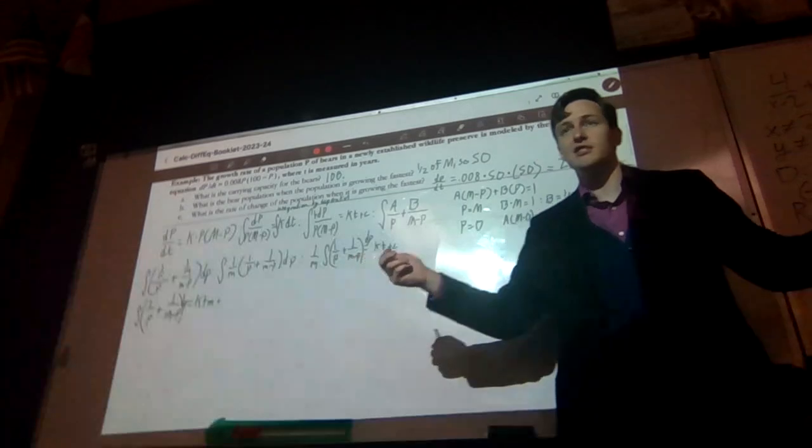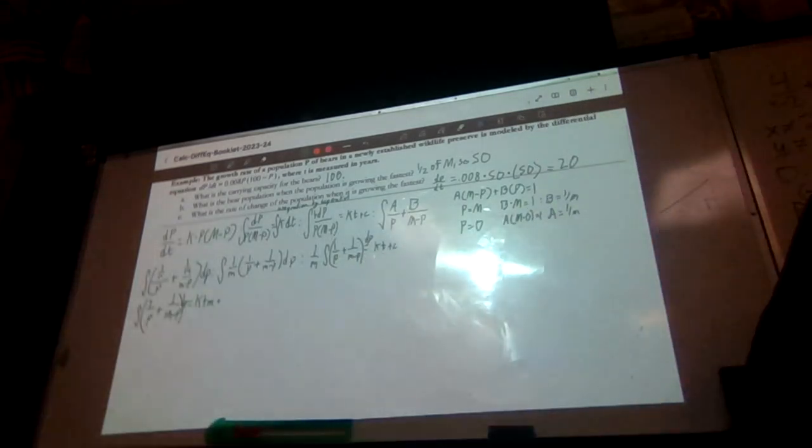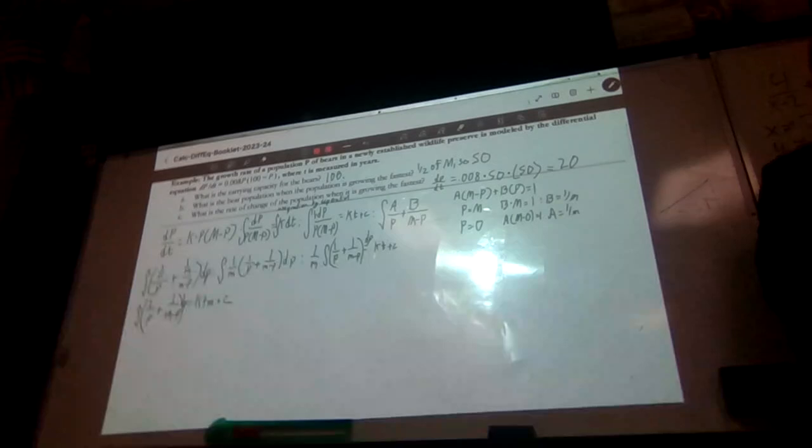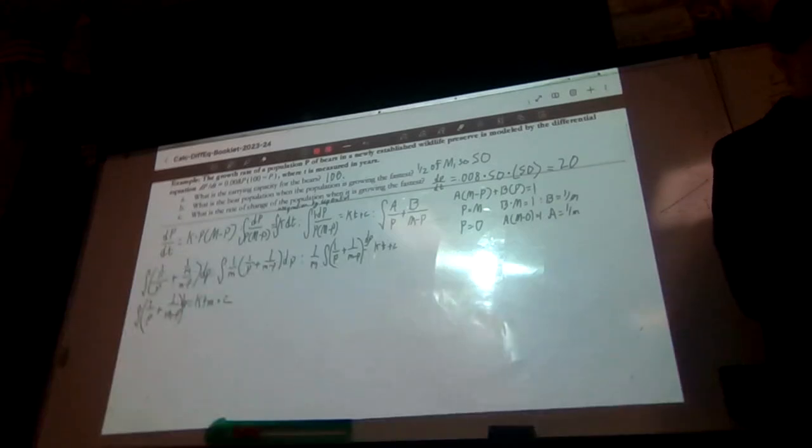No, because c is some constant, we don't know what it is. We can just keep writing it as c. We can do whatever we want to c and just keep calling it c, it doesn't matter until we find it.